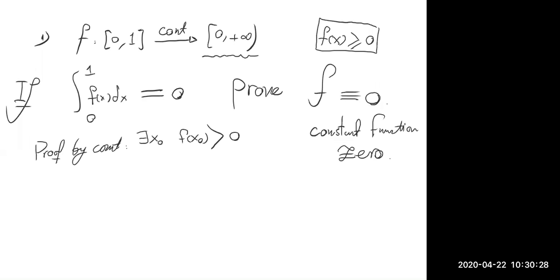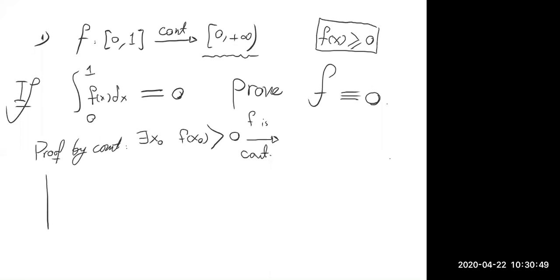But also, remember the fact that the function f is continuous. Because f is continuous, it means if f is positive somewhere, it has to be positive on an interval around that.